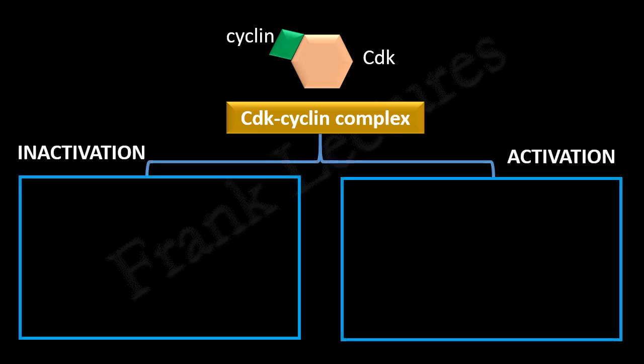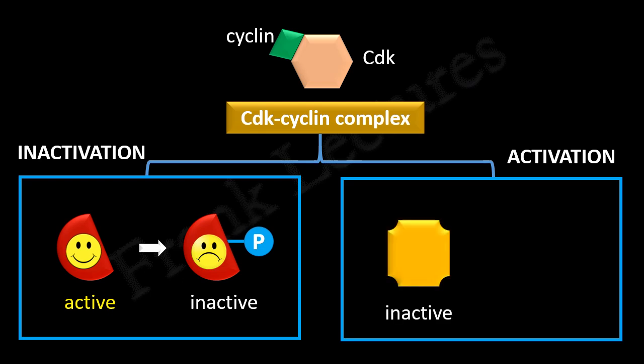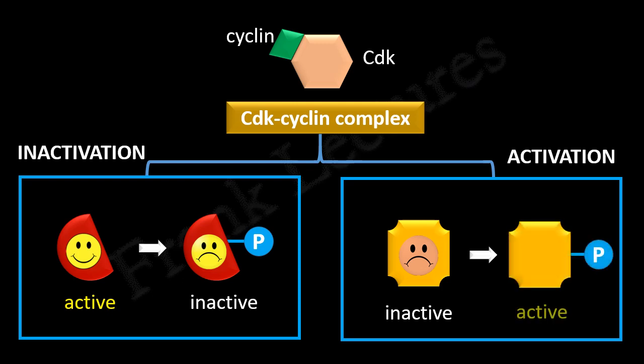As we said before, CDKs can either activate or inactivate the target protein. Suppose this is the target protein present in active form. The cyclin-CDK complex phosphorylates this protein and the protein becomes inactive. Similarly, if the target protein is inactive, the cyclin-CDK complex phosphorylates it and the protein becomes active.